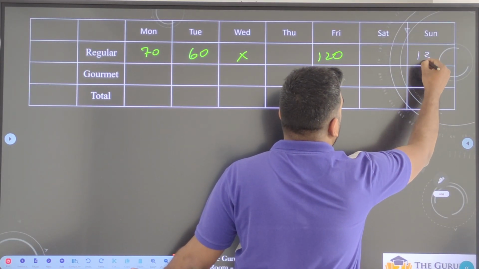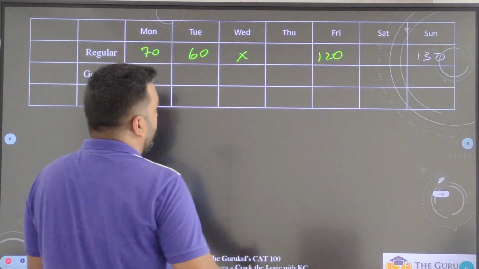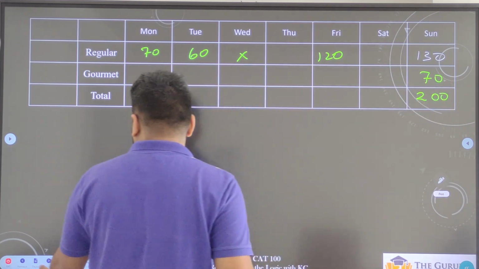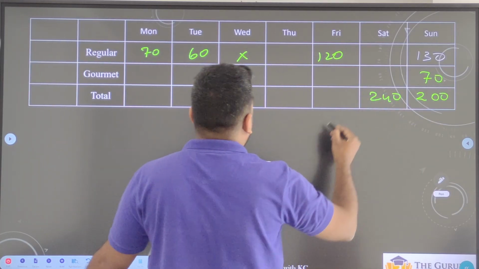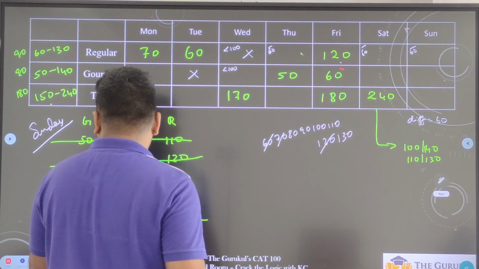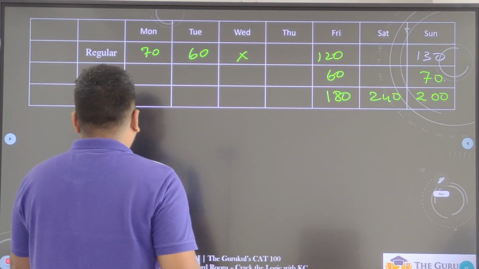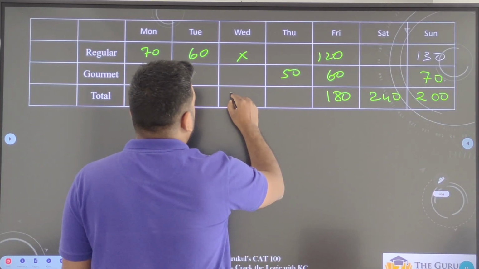If that is 130, gourmet should be 70. Okay, this is 70, total should be equal to 200. And this total is 240, we already know. Very good. And Friday value we already know 60 and 180. And Thursday value we know 50 and this is 170.